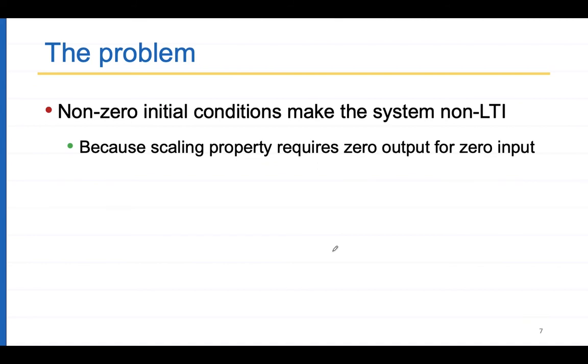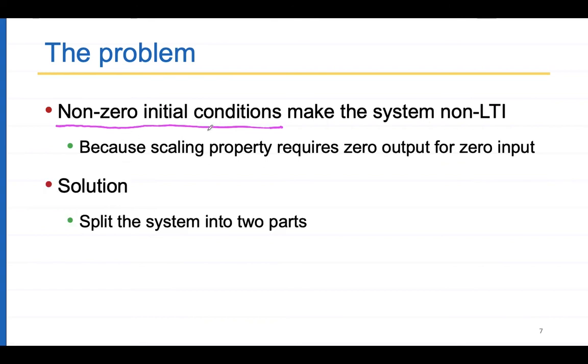And you know, if a system is linear and the input is 0, then the output should also be 0. That is the property of a linear system, that my y is linearly dependent on x. But in this case, it is not happening. My y is not linearly dependent on x if the system has non-zero initial conditions. So this is the point: non-zero initial conditions make the system non-LTI.